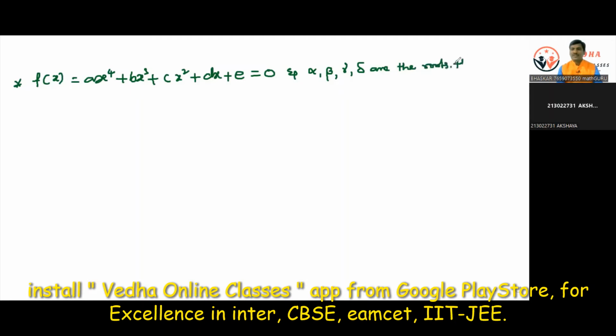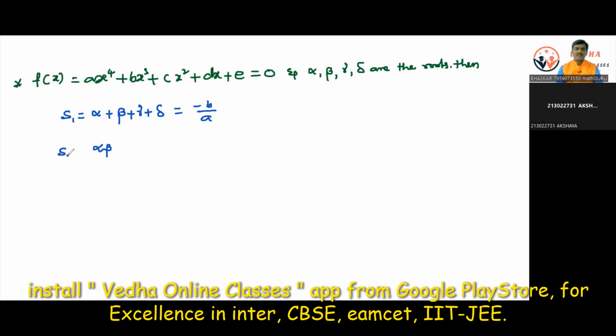First is S1, the sum of all the roots: alpha plus beta plus gamma plus delta is equal to minus b by a.